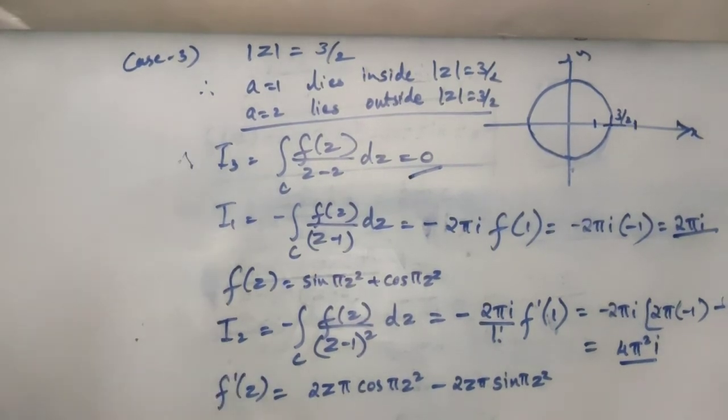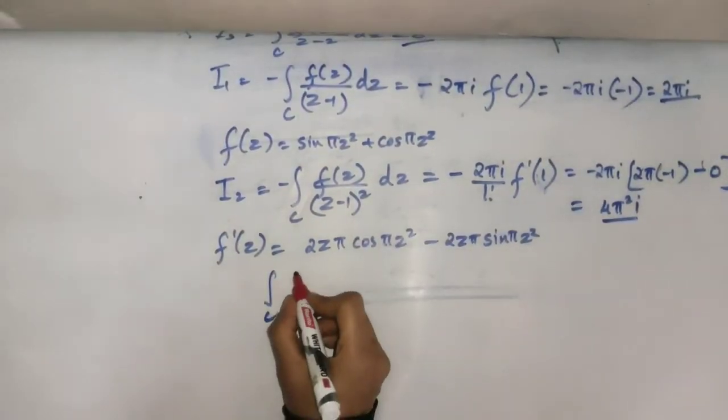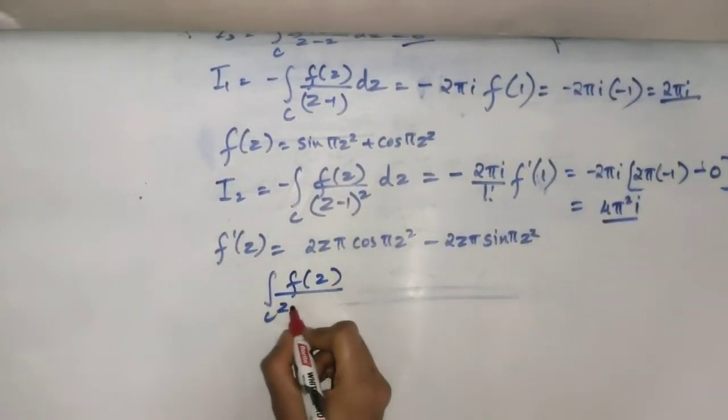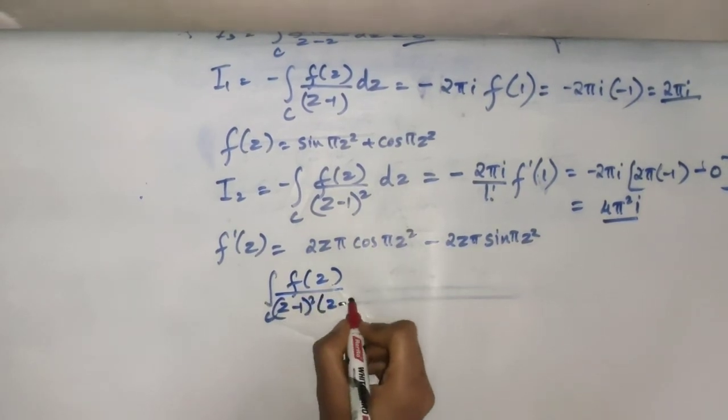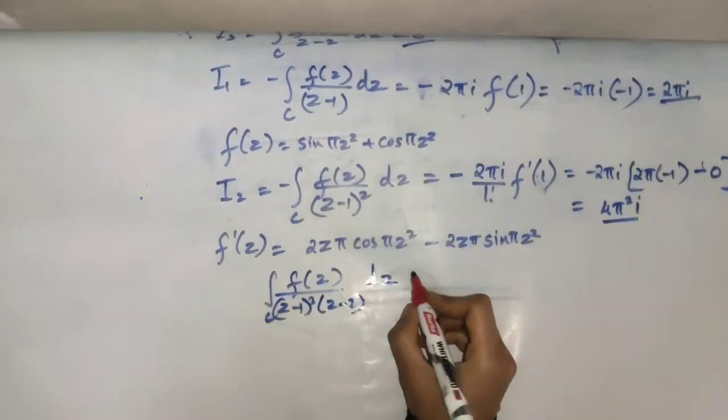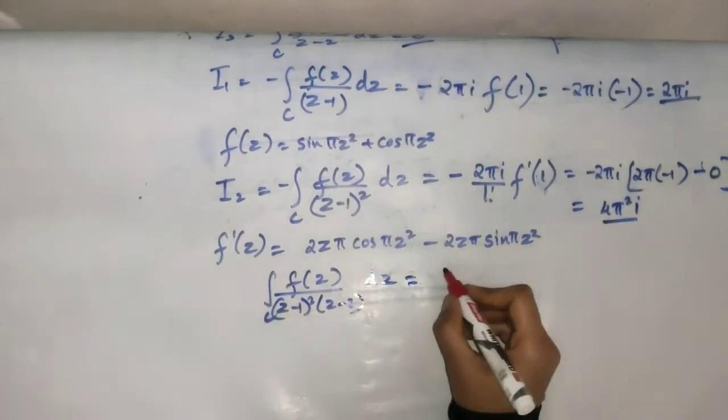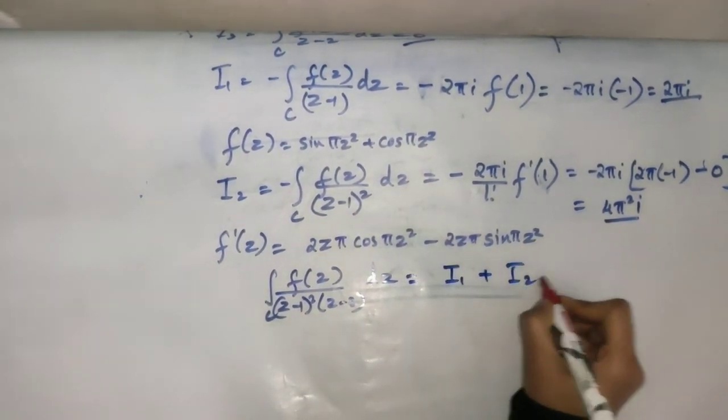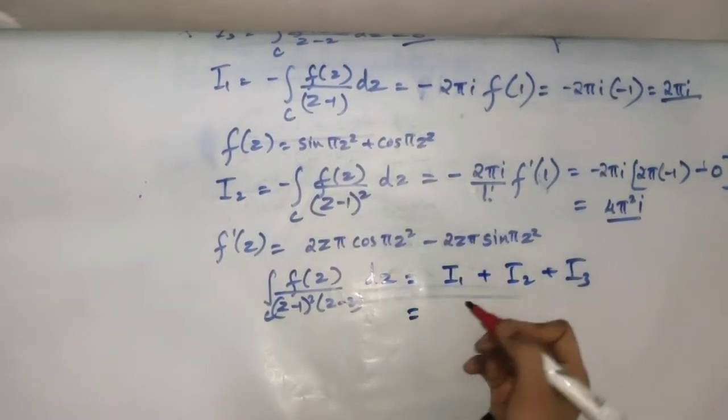Therefore, for this particular integral, the integral over the curve C, f of z divided by z minus 1 whole square into z minus 2, for this curve mod z is equal to 3 by 2, you have I1 plus I2 plus I3 values. I3 is already 0.